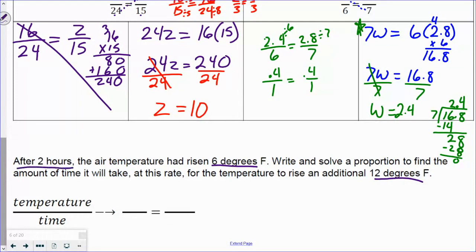So we are going to compare it as temperature over time. Okay? So the temperature when we started went up 6 degrees. This was after 2 hours. We want to know when it's 12. And then how many hours is that going to take?